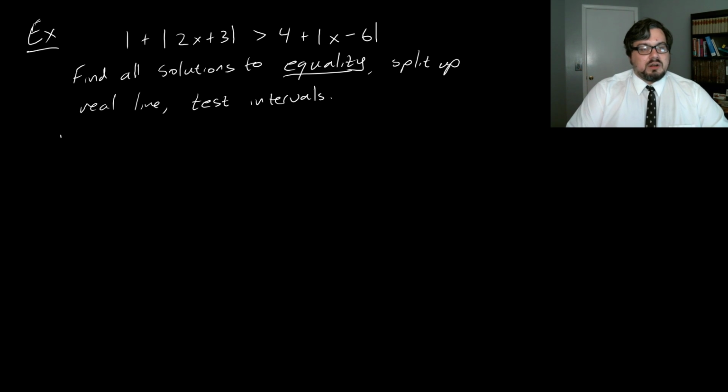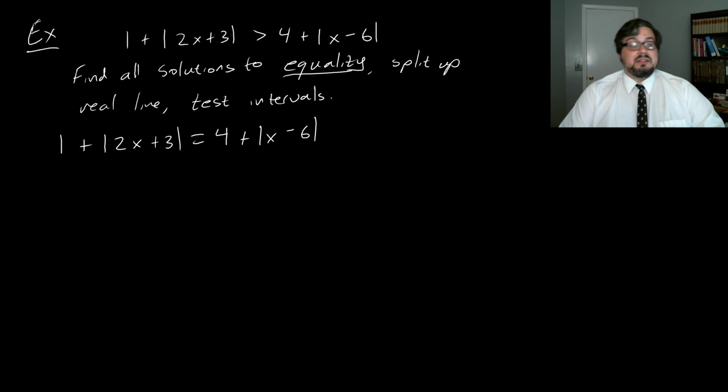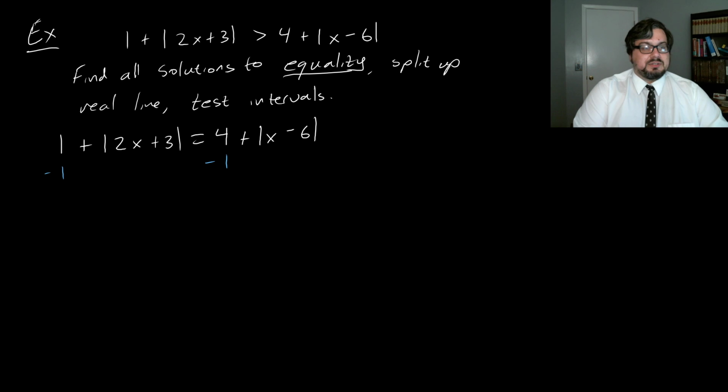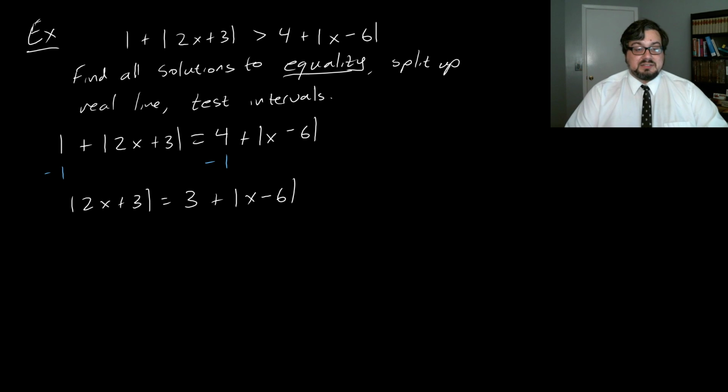So we're going to start with 1 plus the absolute value of 2x plus 3 equals 4 plus the absolute value of x minus 6. And this, as we saw last time, can take a little bit of work. We need to get one of the absolute values by itself. So we can subtract 1 from both sides to do that.